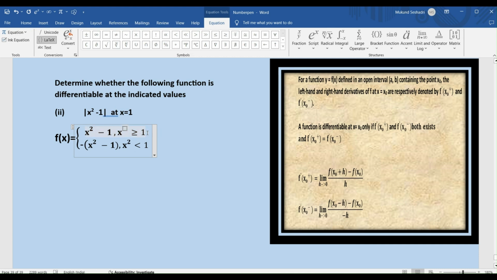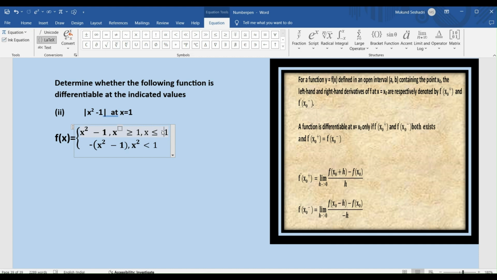Or because it is a square function, I also have my x can be lesser than or equal to minus 1, right? So what happens is, let's say let's pick up x equals minus 3, which is a value which is lesser than minus 1, right? We see that when I substitute minus 3 the whole square, then I have 9 minus 1, which is 8, and mod of 8 will be 8, right?